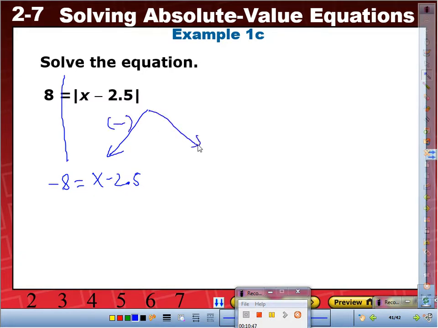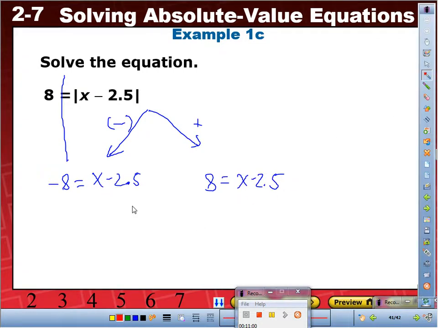So we did one negative. So what do we do over here? One positive. So this is positive 8. What's inside the absolute value? X minus 2.5. However, are these already solved for X? Let's see. Is it X equal to something? No. What do we need to do? Add 2.5.